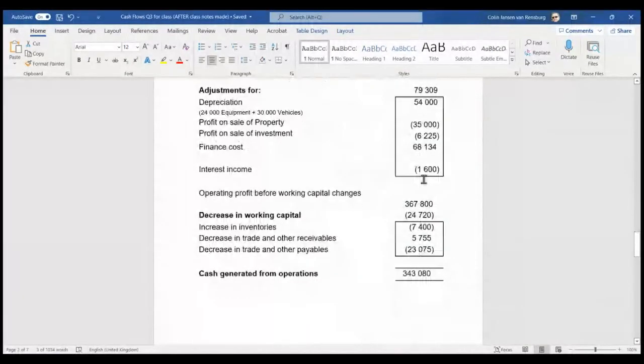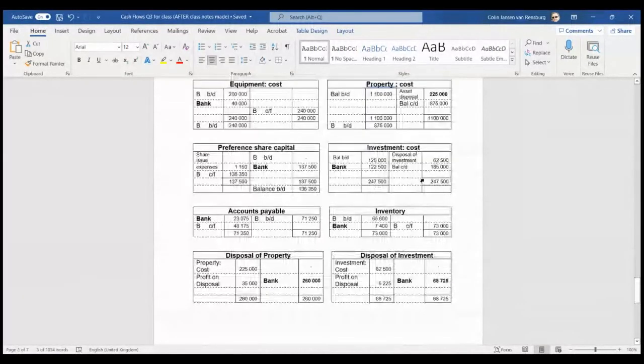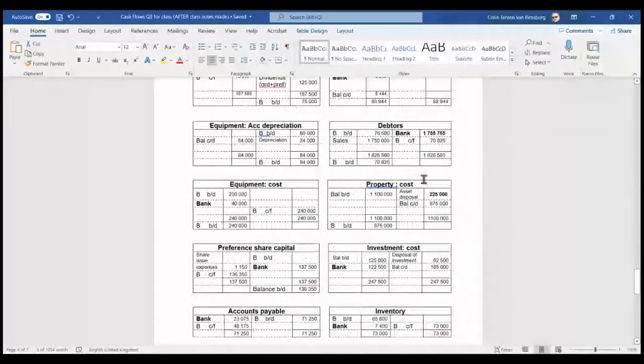So we go back to our little T account there. Debtors now. Okay, ladies and gentlemen, when we would have recorded our sales, would we have debited or credited sales? When we made our credit sales and we accrued them, sales being an income, would we debit or credit sales?